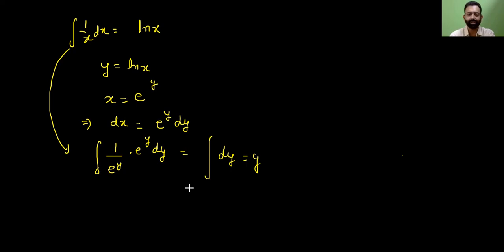And what is our y function? This y function is nothing but log x. Hence, we can say that yes, by putting the variable back into the integral, we are able to solve this integral, right? So this gives you the output function y, which has to be log x.